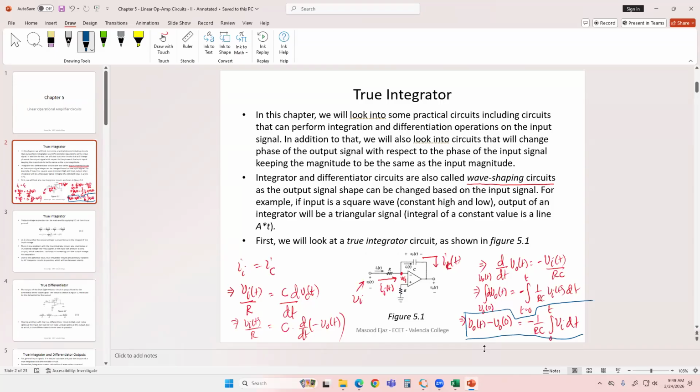And if the input is low, the slope is going to be positive because of that negative sign. That's how you are going to interpret that. If it's a sinusoidal signal, then you're going to have 90 degrees between the input and the output. When you integrate a sine signal, you get a cosine signal. When you integrate a cosine signal, you get a sine signal in general. So it's a 90-degree phase difference.